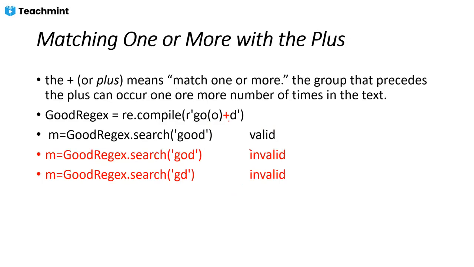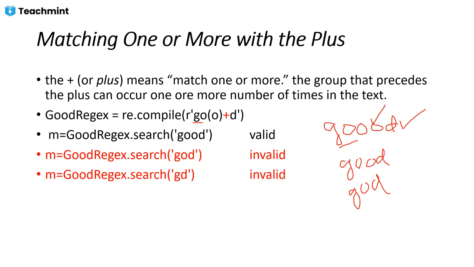Plus is for the mandatory option, at least one, one or more occurrences. When you are writing "good", these are the different possibilities. One or more occurrence, it is too good. This is also correct, but this is wrong. We are treating this as a good one. Why? Because the first two are the characters, one or more occurrence.